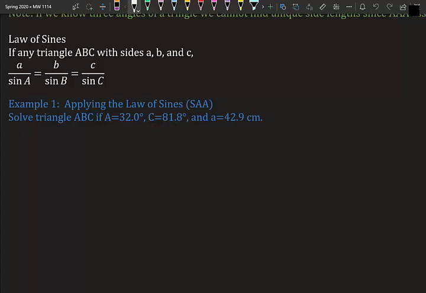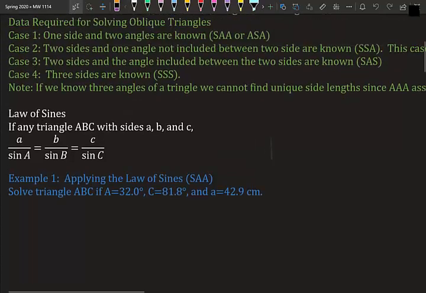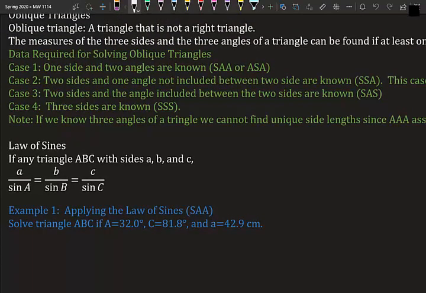Let's solve triangle ABC if A is 32.0 degrees, C is 81.8 degrees, and side A is 42.9 centimeters. So we're given two angles and a side, we can solve this, because if we're given one side and two angles, that's actually case 1.